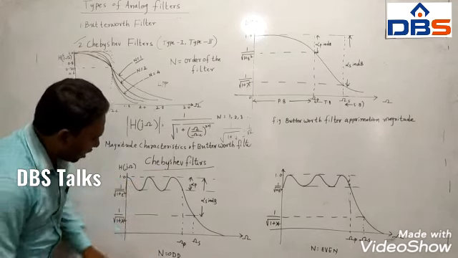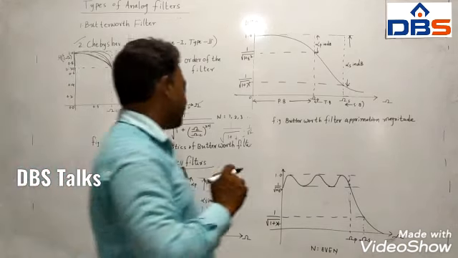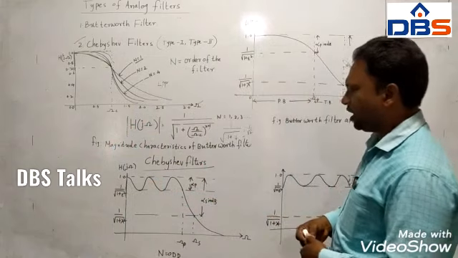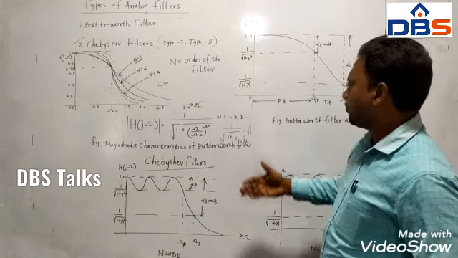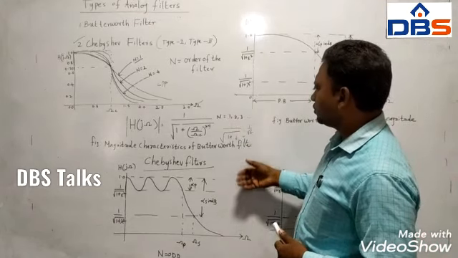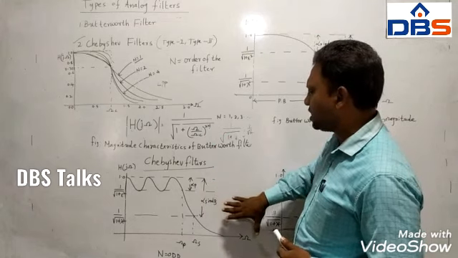When n is odd, it will start from 1. The magnitude response starts from 1 when n is an odd number, maybe first order, third order, fifth order, like that. There is a different equation for the Chebyshev filter, which we will see.